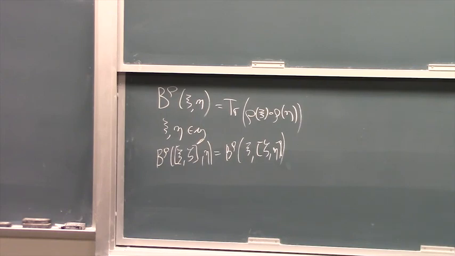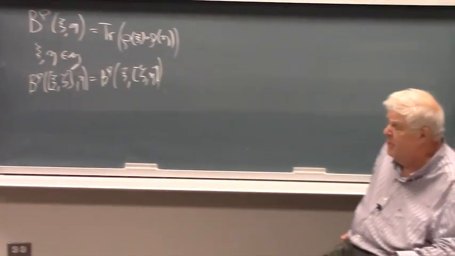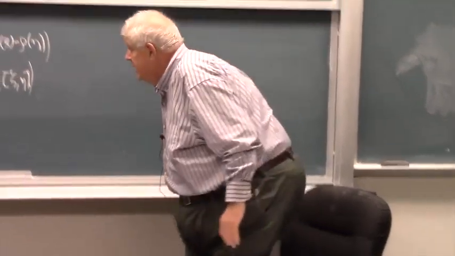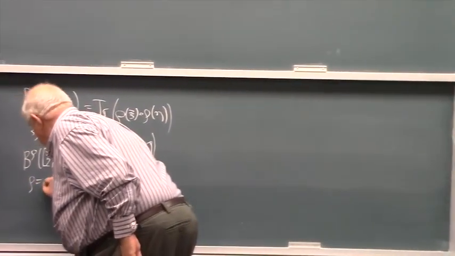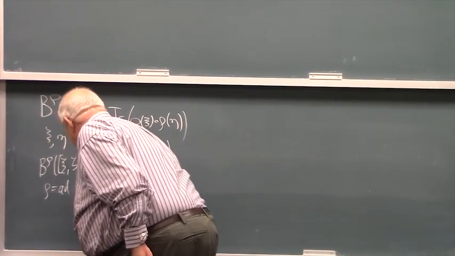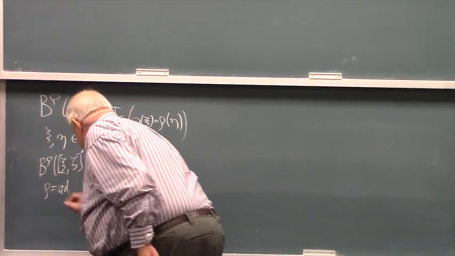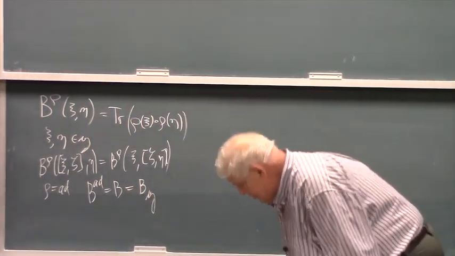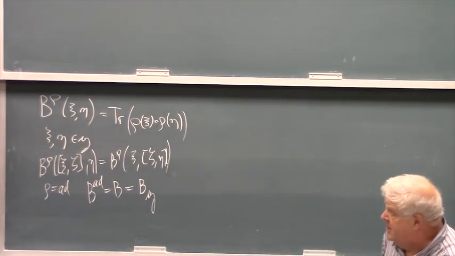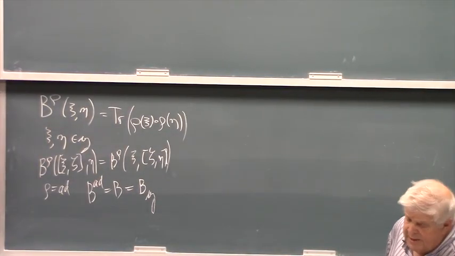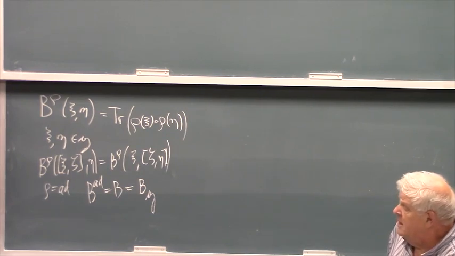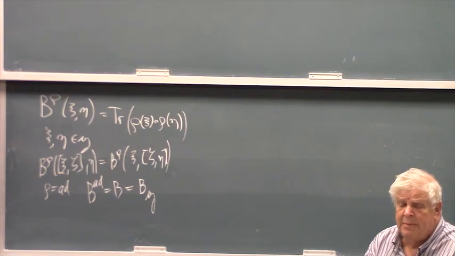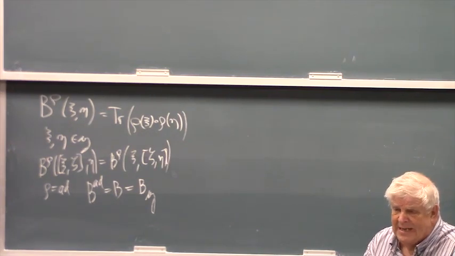Then the next thing, which is less important, but still, the main case for this B rho is the case when rho is the adjoint representation. So if rho is the adjoint representation, then the form B ad is denoted simply as B, or B sub G, where G is the algebra. So this again is a bilinear symmetric form on the Lie algebra. This invariance holds, but it may be very slightly extended.